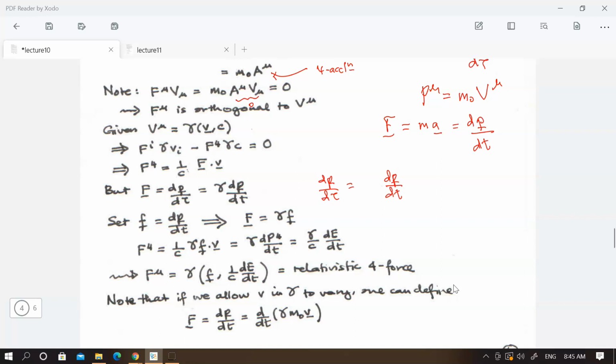So this will be dt d tau, which is just the chain rule, and dt d tau gives you gamma. So your Newtonian force is essentially this one, and to differentiate between the relativistic force and the Newtonian force, we define this to be small f.